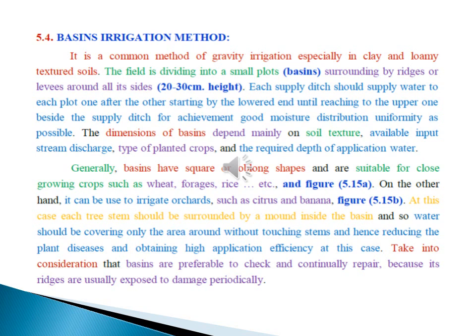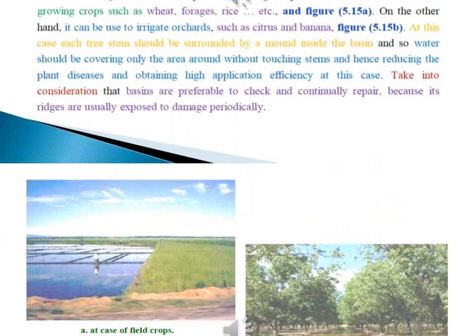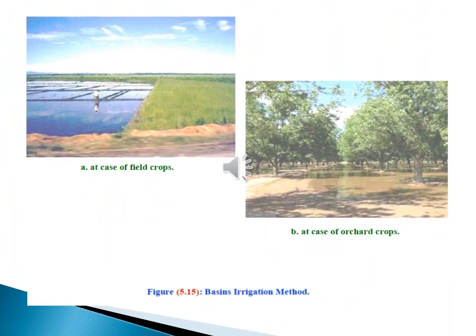Generally, basins have square or oblong shapes and are suitable for close-growing crops such as wheat, forage, rice, and so on. Sometimes they are also used to irrigate orchards such as citrus and banana, as shown in the enclosed figure. Figure showing basin irrigation method as in the case of field and orchard crops.